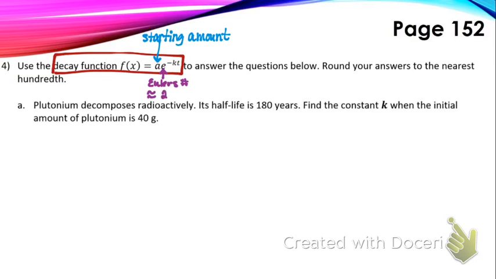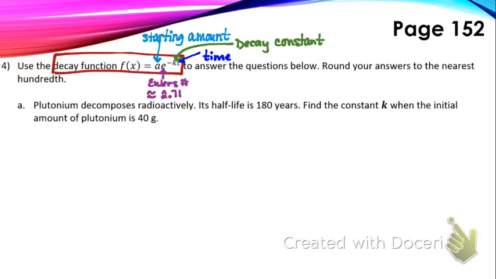It's about 2.71. We have a button for it on our calculator, but that's about how big it is. What do you think the letter T means here? Time. And this K right here that is made negative, this is called our decay constant. Anything that decays over time has its own decay constant.